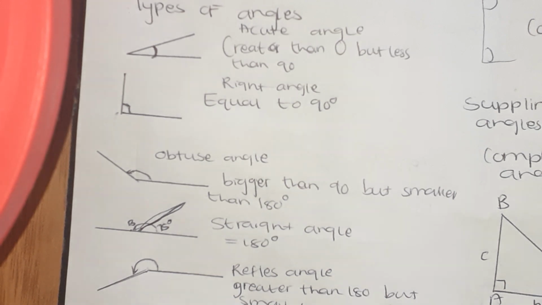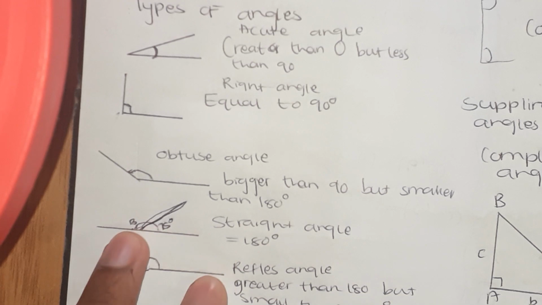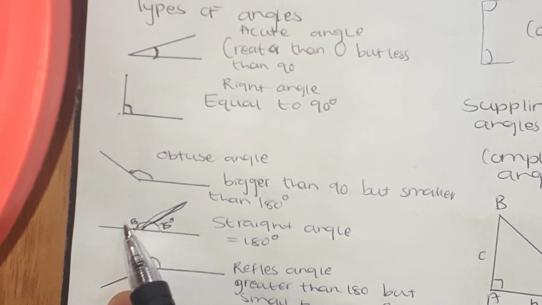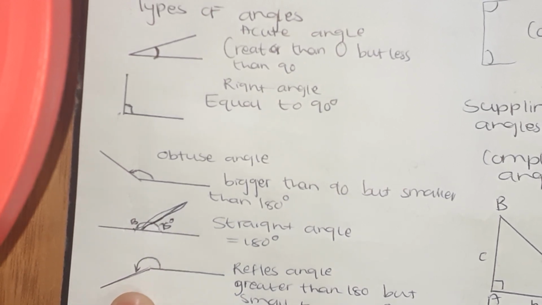I hope you understood that, guys. It's very easy theory. So when you are given that, just know that if I have B here, or even if there are three angles and I'm giving 75, all of these angles have to add to 180 degrees. And the reason is angles on a straight line.